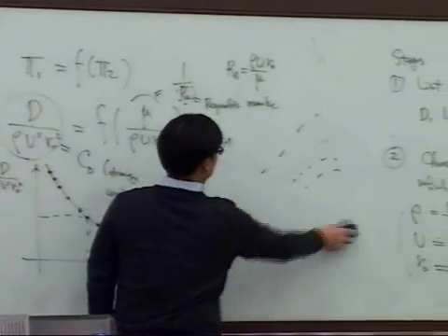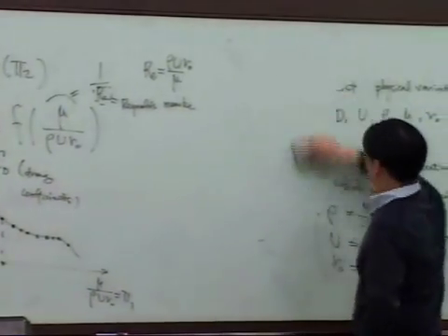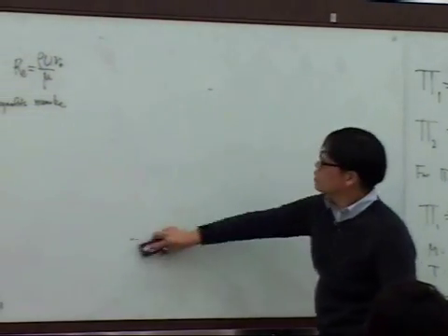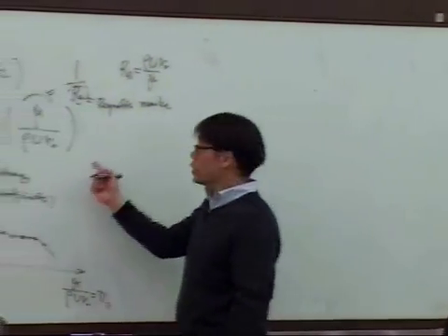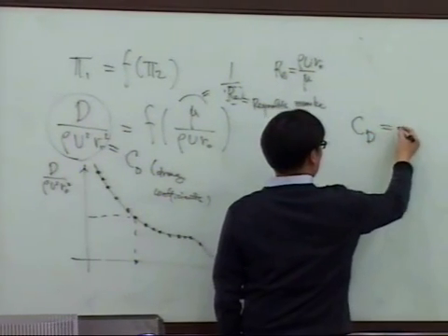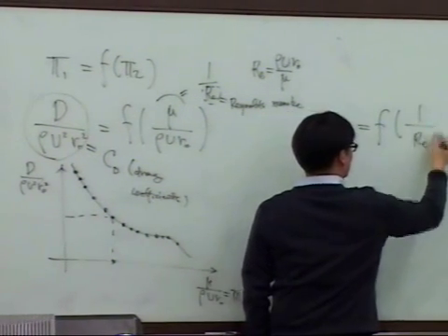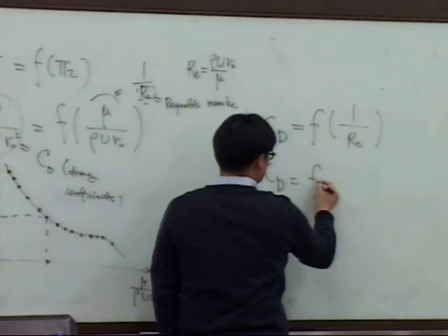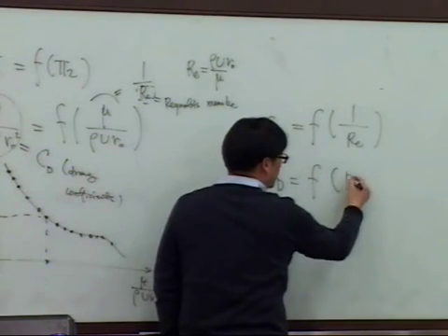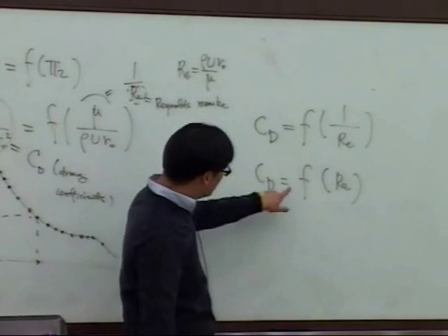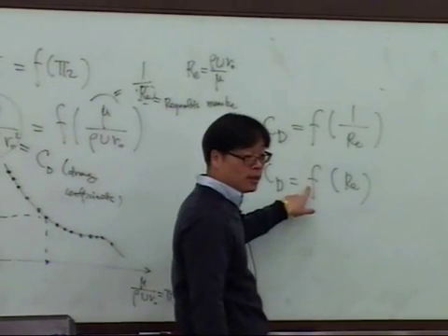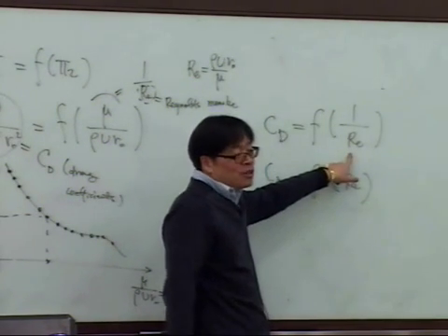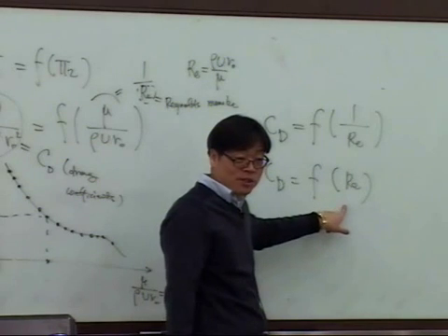So from here we know, what we know is, the drag coefficient is a function of 1 over Reynolds number. Or I can say the drag coefficient is a function of Reynolds number, although the functional dependence would be different. Okay, but if drag depends on 1 over Reynolds number, which means drag also depends on Reynolds number as well.